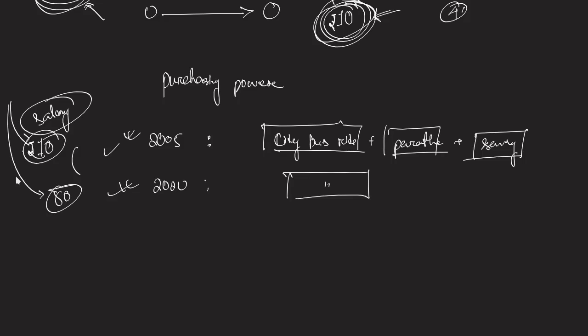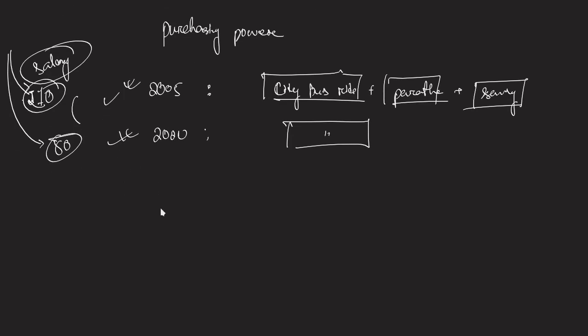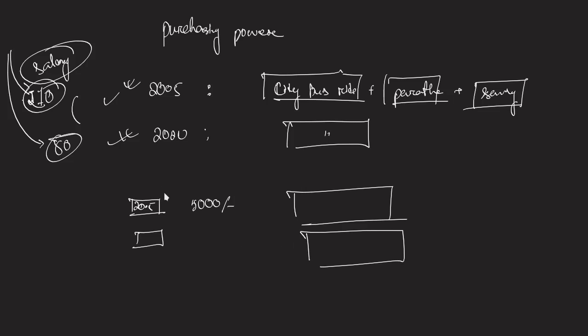So the salary will have to change. Similarly, as purchasing power changes, forget about students, whether a government employee or a private sector employee or any kind of employee, someone who is earning, let's say in 2005, 5000 rupees was sufficient to run a household, a complete household. Suppose in 2005 5000 rupees was sufficient, but now a complete household will not run on 5000 rupees.